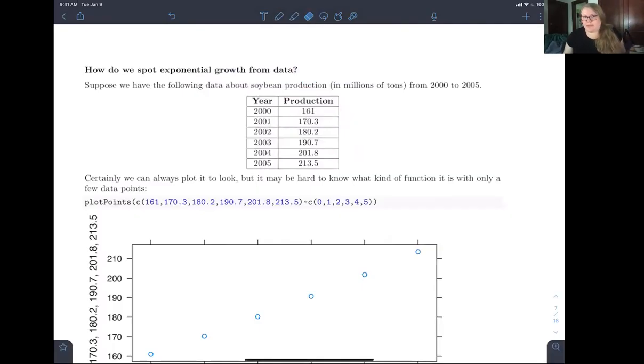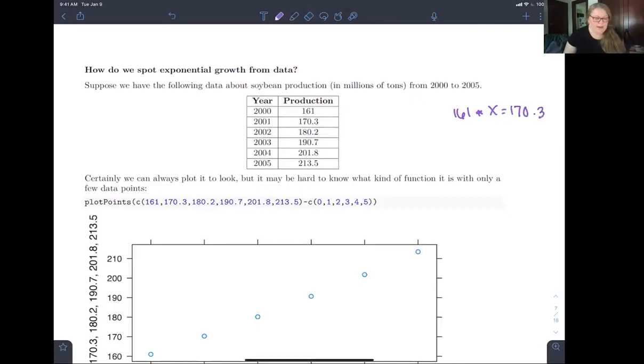So let's think about exponential. Well, if we're looking for a constant multiplied factor, we can try to figure out what we multiplied 161 by to get 170.3. And the way we do that is, well, think of the algebra. 161 times, I'll do a little star for times something, which I'll call X, gave me 170.3.